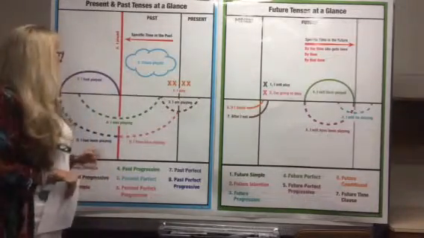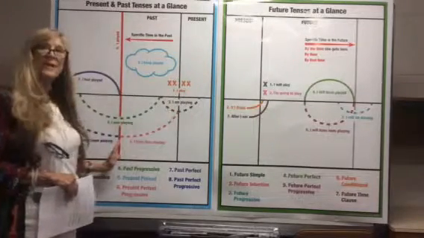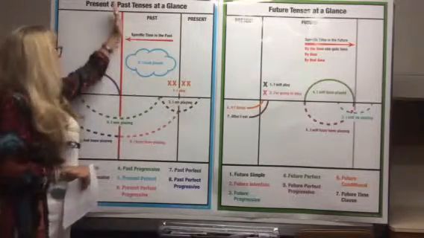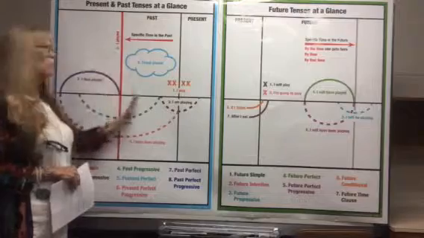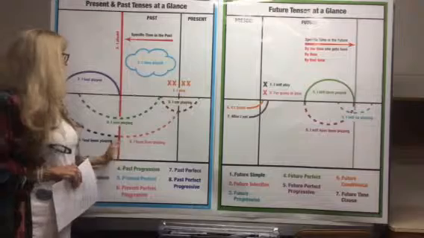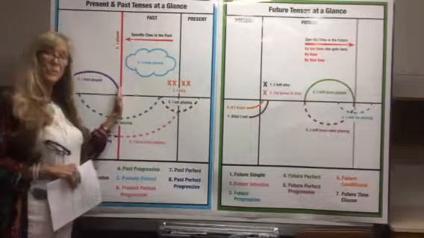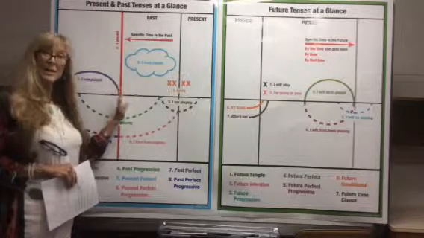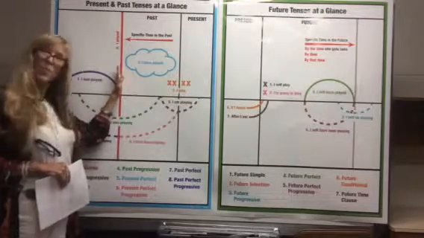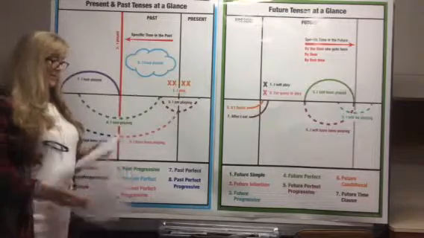Okay? Now we come to past simple. This red line represents past simple. It means a specific time in the past. All of the other tenses work around this line, which is a specific time in the past. So when you say the past simple, you use a specific time, like yesterday, last week, last year, one time, last time, words like that.